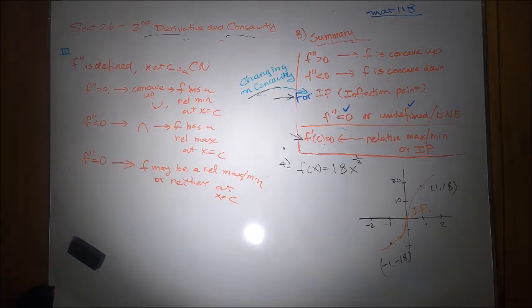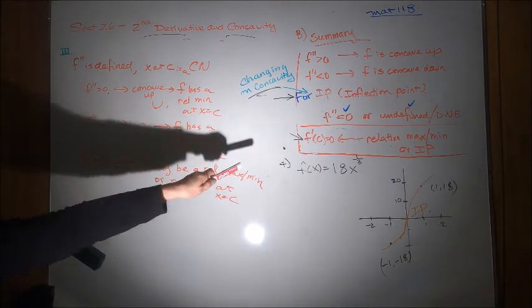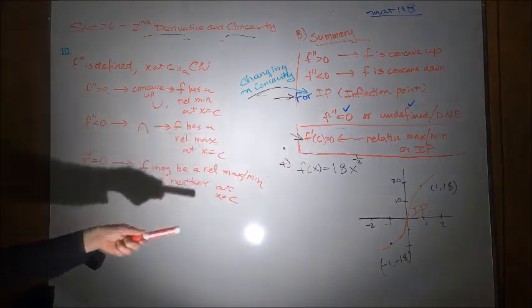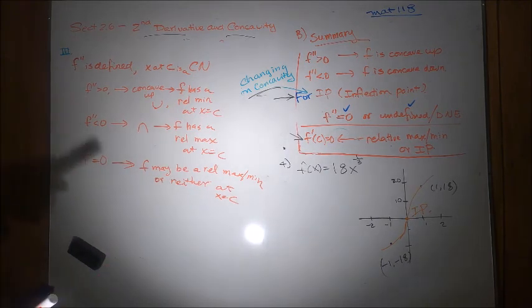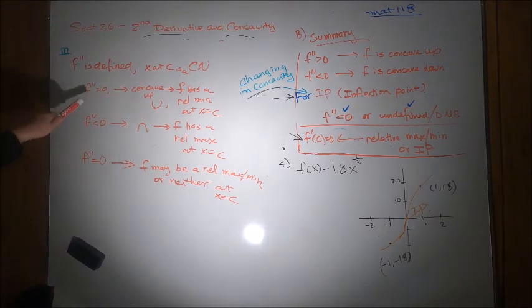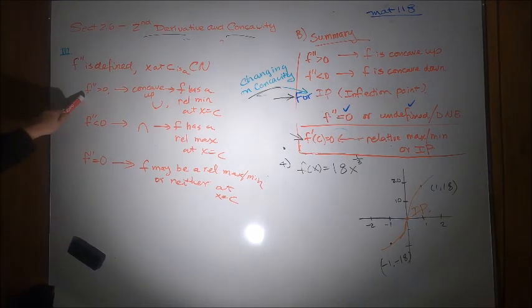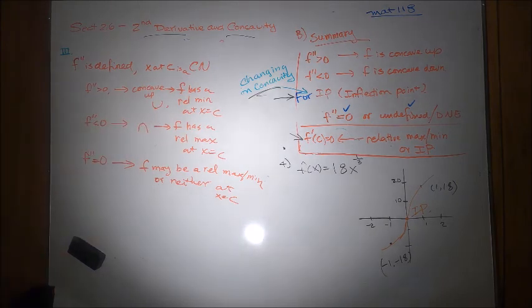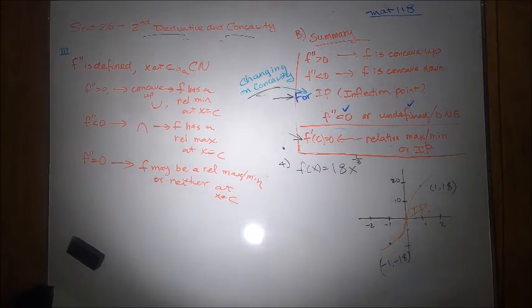Most of the time, we find f prime is 0, so we decide we'll have a maxima or minima or inflection point. Then we know at that point you have this situation. Then you do the further derivative, f prime prime, to decide whether you have a minima or maxima. Right? Okay.